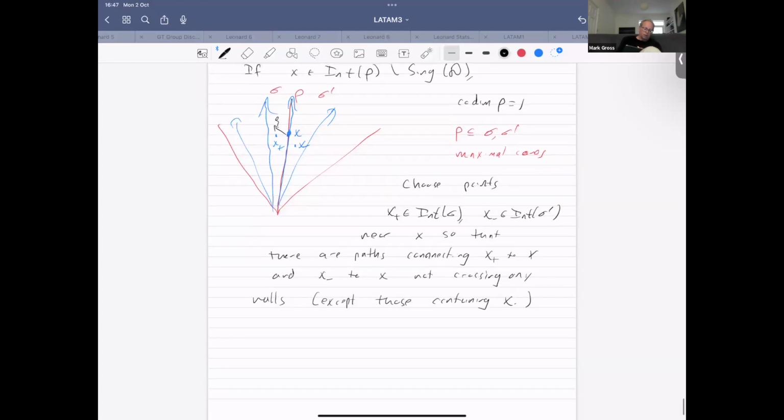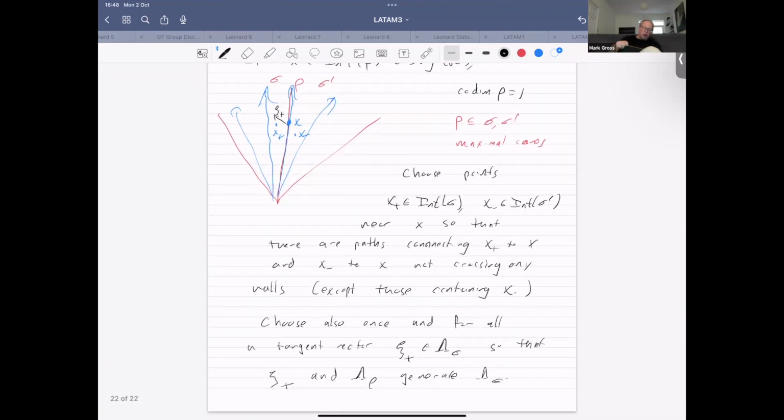So choose also once and for all a tangent vector c plus in the tangent space to sigma, so that the tangent space to rho and c plus generate lambda sigma. So this is something I should have chosen at the beginning.